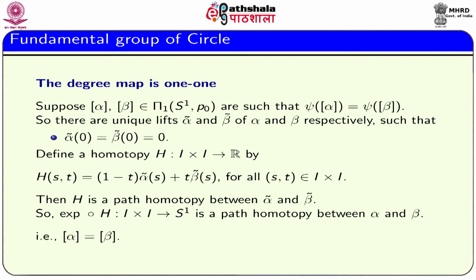So, exponential composed H is a path homotopy between alpha and beta. This means that class alpha and class beta are equal.